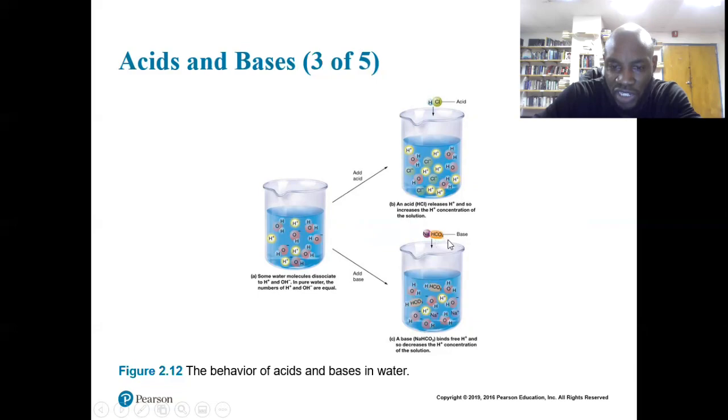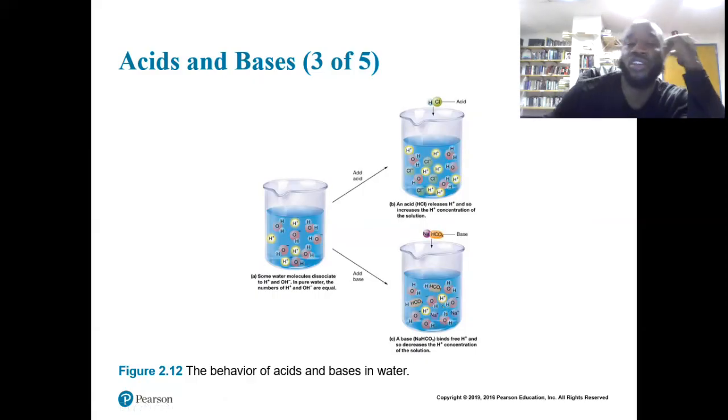The HCO3 will dissociate, and when the HCO3 dissociates, it will bind those free hydrogens, and so there will be less free hydrogens. That's how you know it's a base.